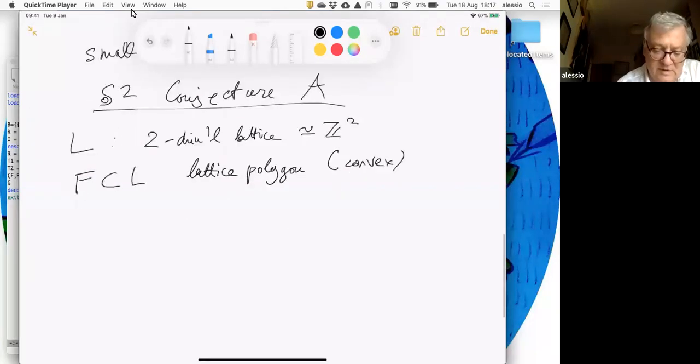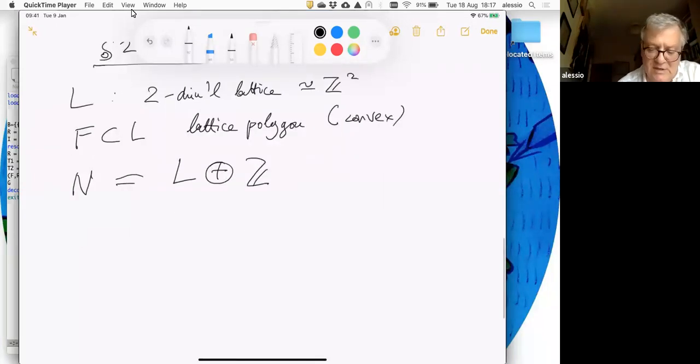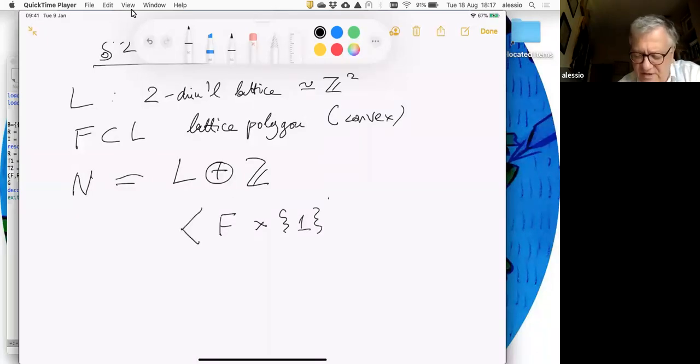Now, I'm going to call N = L plus Z. And I'm going to take the polygon F and put it at height 1. The Z there, I think of it being the Z axis. And then I take the cone generated by the polygon at height 1, and I call it sigma.